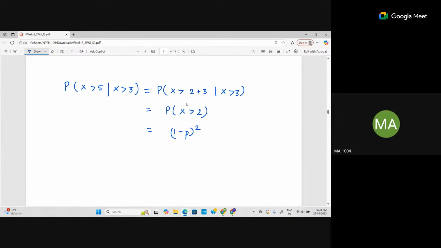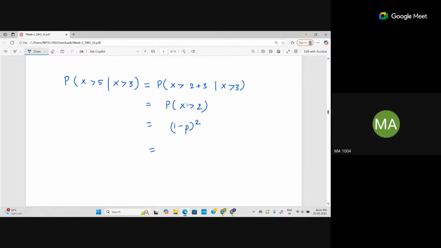So this is one way. If you remember all the formulas, you can directly put the values.